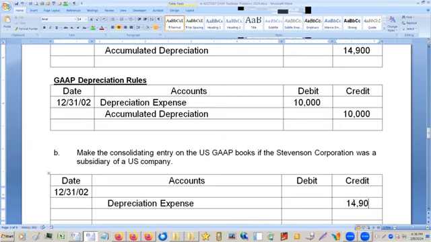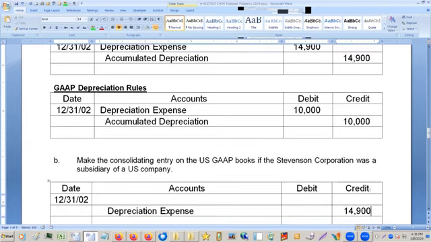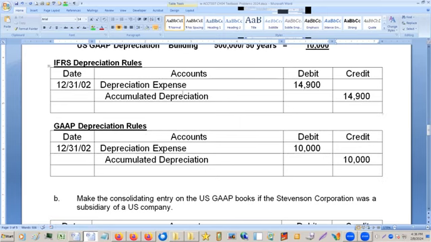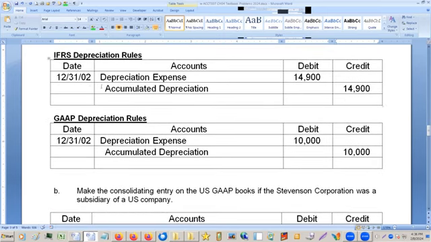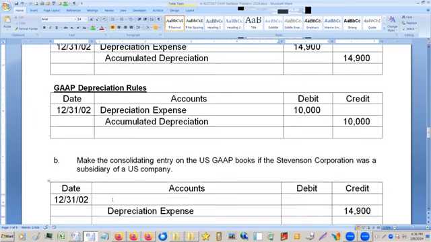So you get their financial statements, and it shows depreciation expense of 14,900. You say, well, that's not right. Reverse that one out, put the correct one in. Yeah, I shouldn't say correct one in this case, but put the U.S. standard one in.